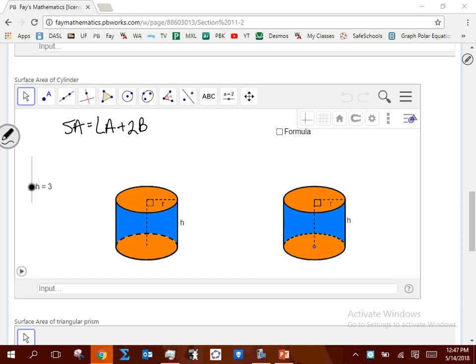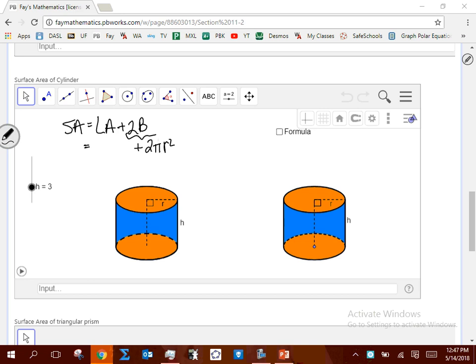But when we think about what it was for a prism, LA was the sum of a bunch of rectangles, wasn't it? And capital B was the area of the bases. Well, if I look at a cylinder, what are my bases? Circles. So could I rewrite 2B as 2 pi r squared? The reason we do that is because the cylinder is a special prism.